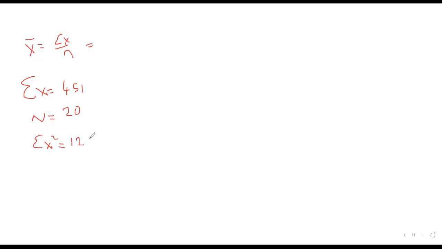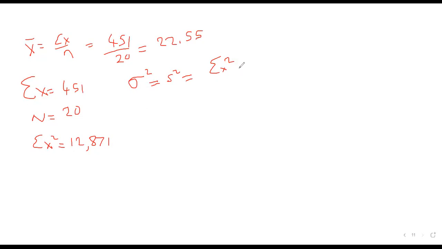So here we're going to have 451 divided by n, which is 20. What are you getting? 22.55.